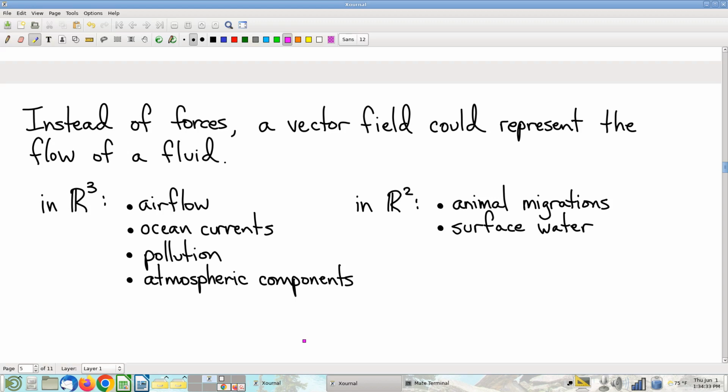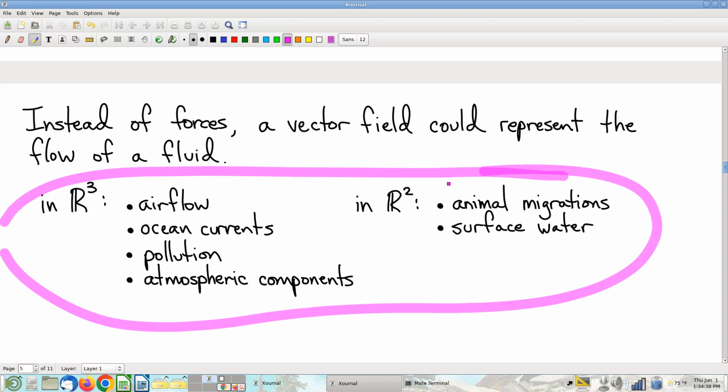So fluid flows, another wonderful physical metaphor. There's lots of kinds of fluids. Some of these look a little bit weird. You don't normally think of animal migrations as being fluid flow. We don't normally think of animals as being a fluid. But I will point out, for your consideration, water is definitely a fluid, but water is made up of a finite number of particles. I'm going to call them particles, they're molecules, little itty bitty teeny weeny little things that are kind of moving together.